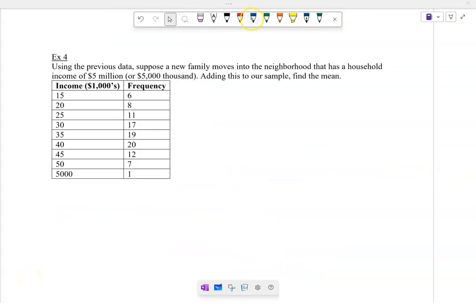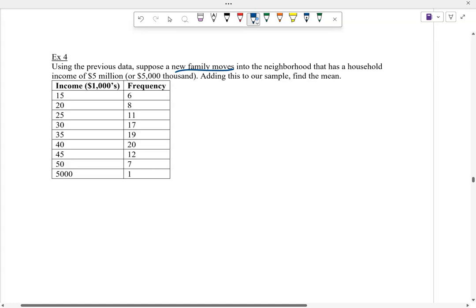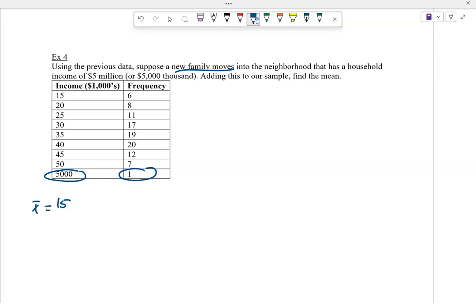Now let's say we have the exact same data, but a new family moves in, and they're making all kinds of money, 5,000 thousands. In other words, they make $5 million, and there's only one of those families. How would that change things? So I go through 15 times 6 plus 20 times 8 plus so on, 50 times 7.